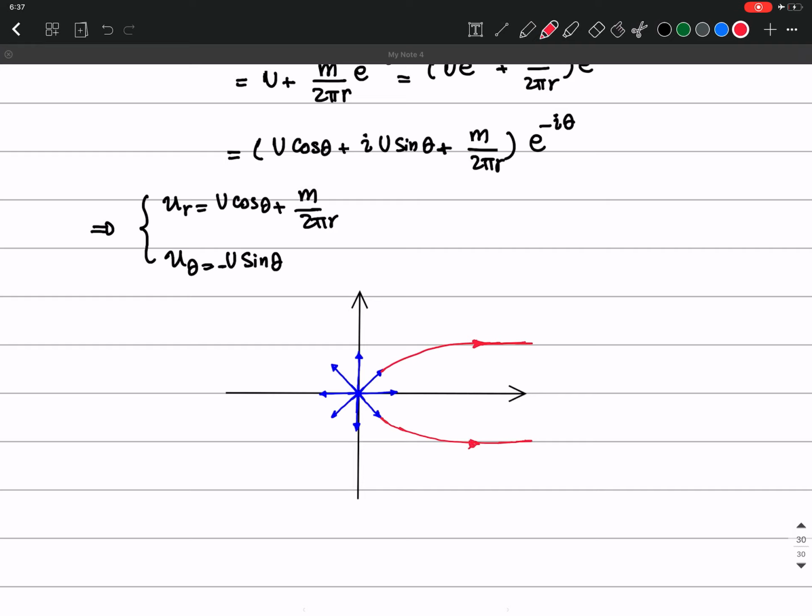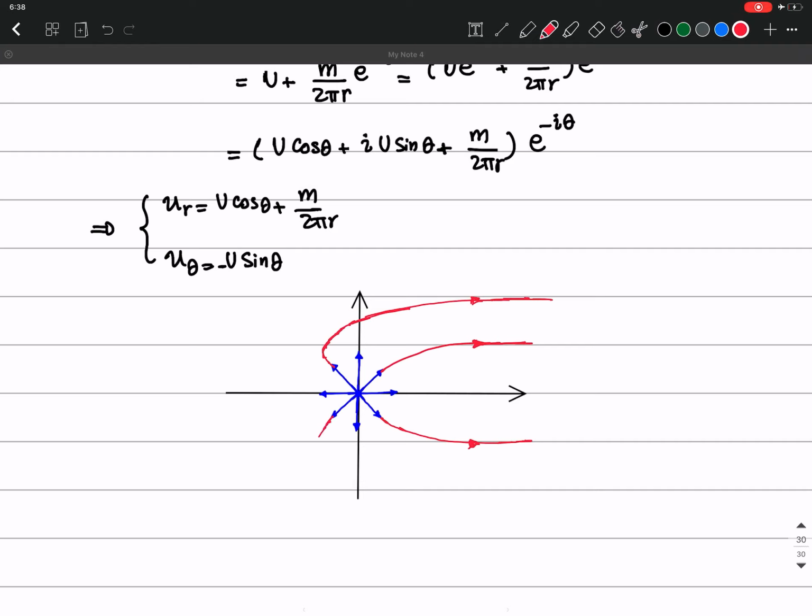And then for this one, it's going to go a little bit in that direction, and then it's going to return, because farther away we have this uniform flow, so it's going to look something like this.